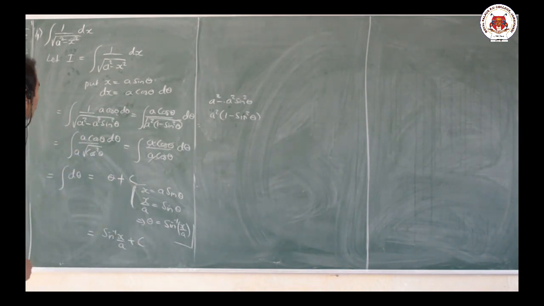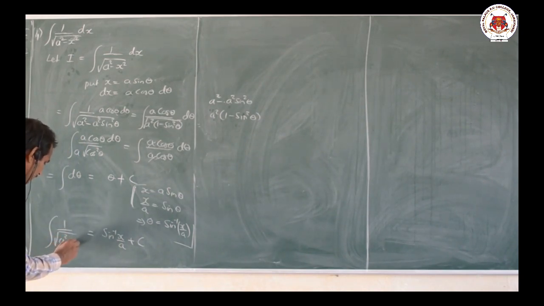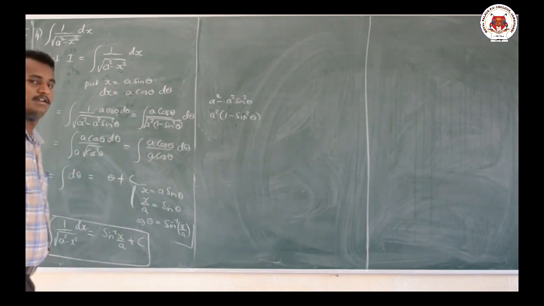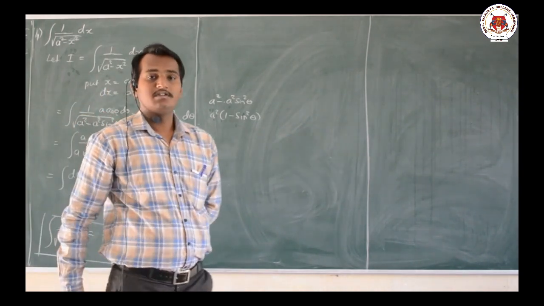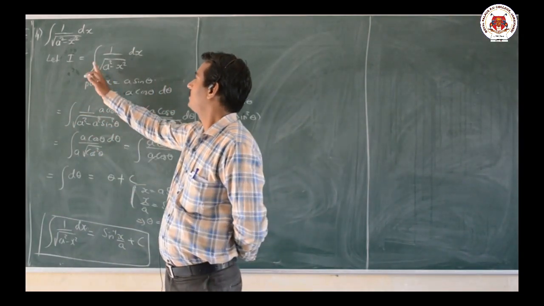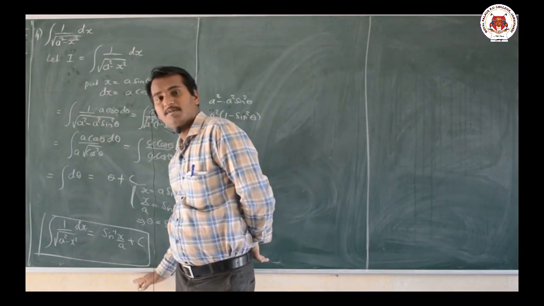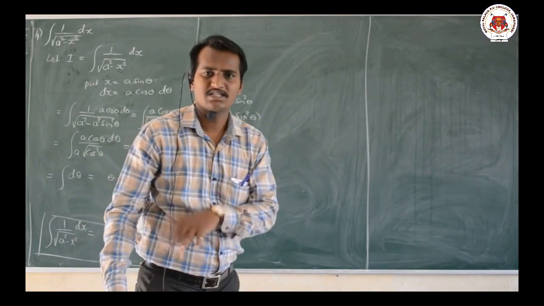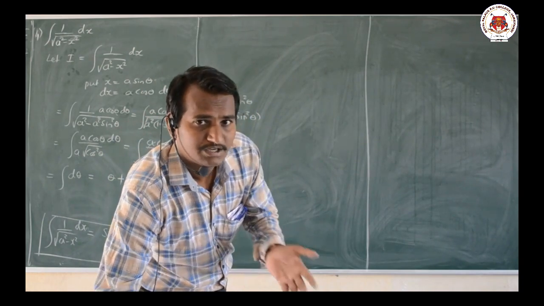This is the formula for integration of 1 divided by root of a square minus x square into dx. Dear students, if this question is asked in the examination for 5 marks, this property will be asked for 3 marks, and afterwards a simple problem related to that property will be asked.